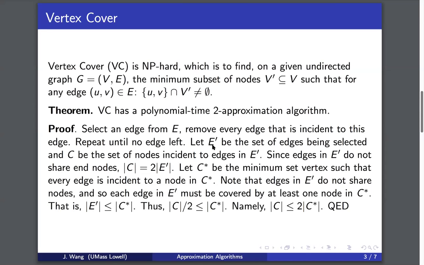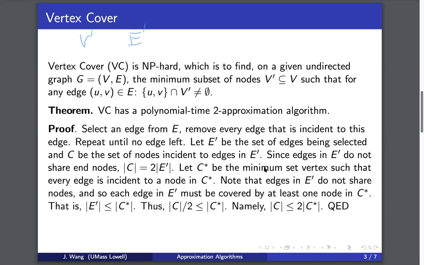You take the endpoints of E prime, and that becomes our V prime. Now the edges in E prime, we know that they do not share any end nodes. So this is E prime, and V prime we just obtained from E prime.